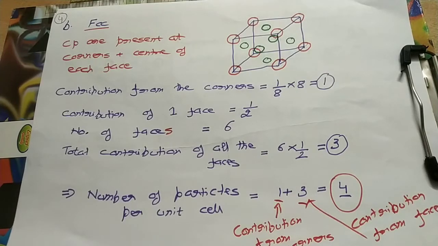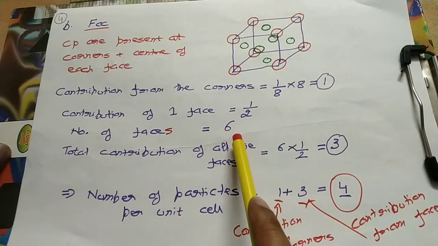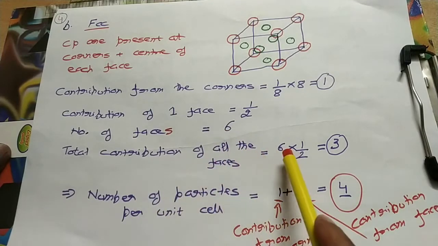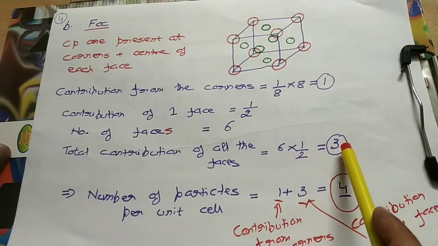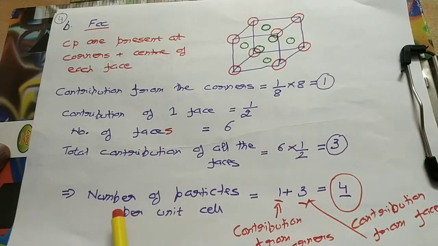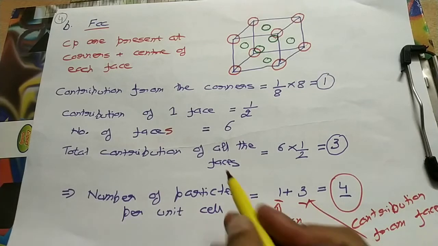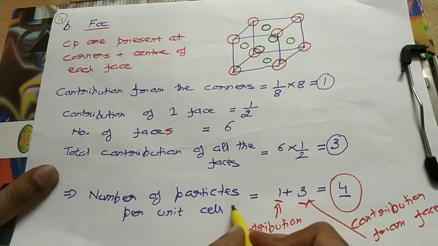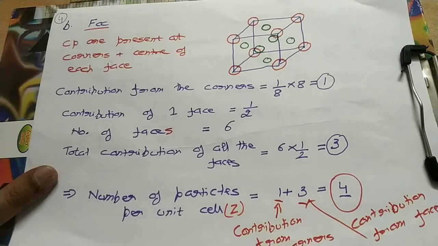So total contribution of all the faces कितनी होगी? Total contribution of all the faces is 6 into half equal to 3. Okay. Therefore, number of particles per unit cell is 1 plus 3, 4. So in this case, Z is 4.